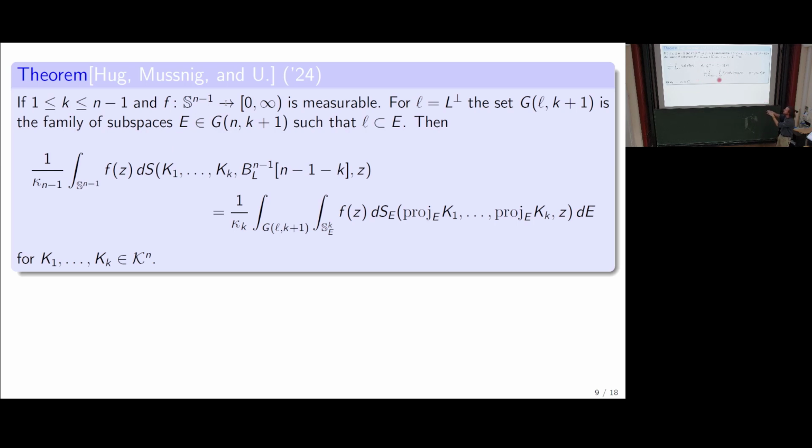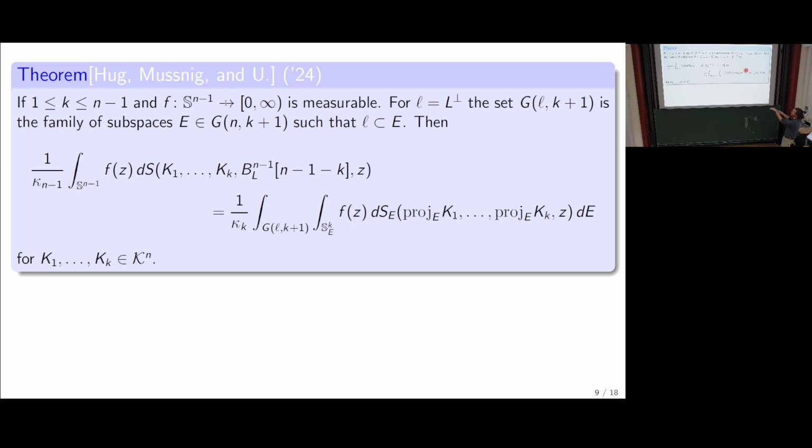So here we have some notation: we will call small l the line through the last coordinate, so it's orthogonal to the hyperplane capital L, and we consider the k+1 dimensional subspaces containing L. And then we consider the projections of the set.